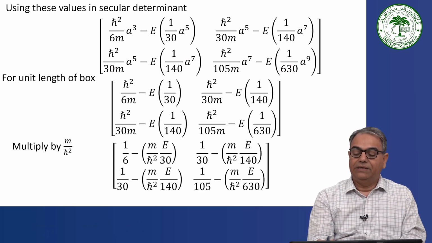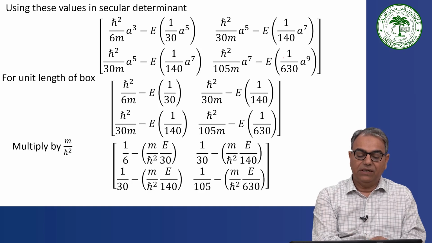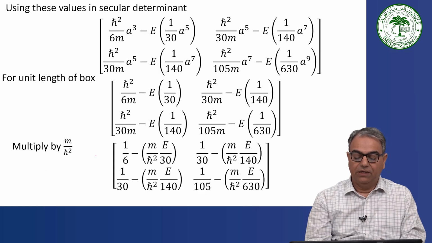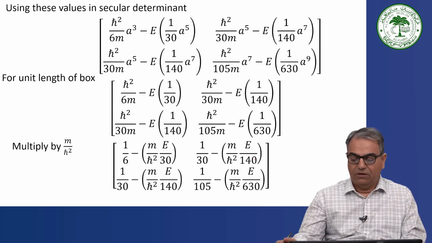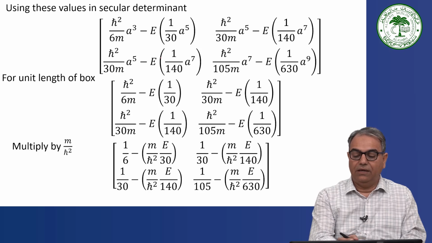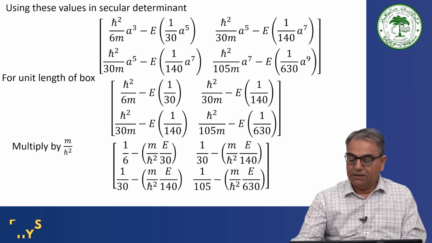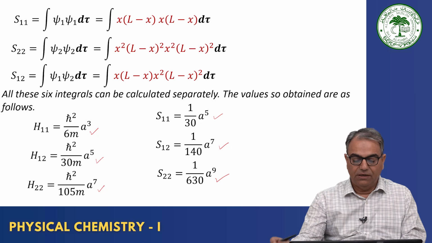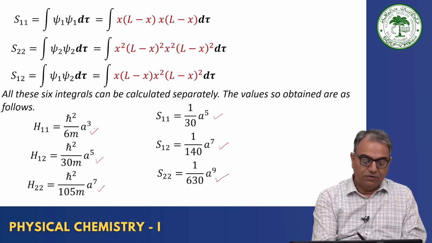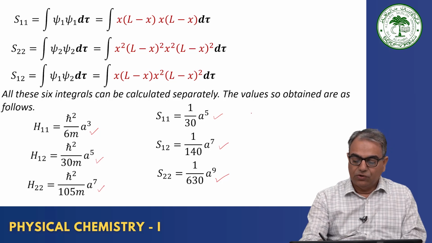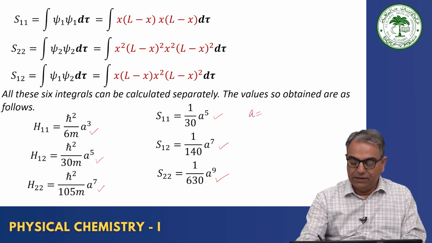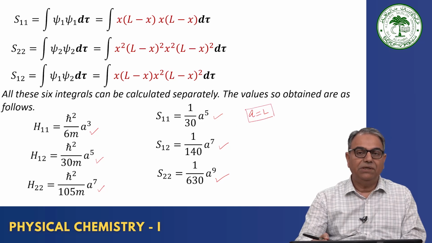Then, for simplifying the equations, we suppose the box length is unit length, and we multiply by m by h cross square, then you get this determinant. Obviously there should not be any confusion here. I have written it in the form of a, and you should always remember that a is equal to L. I am using this as a synonym; it is the dimension of the box.